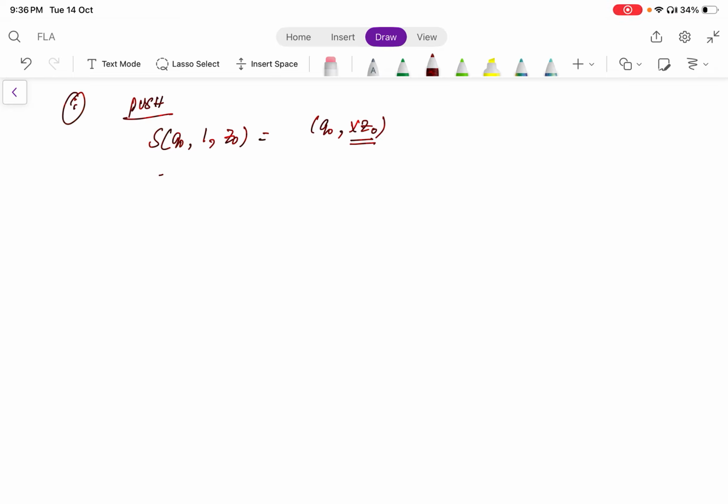See, the template is the initial state, comma the stack symbol, comma q0. This is the given state, the initial state, in the sense the first state. You have two states, right? q0, comma q1.